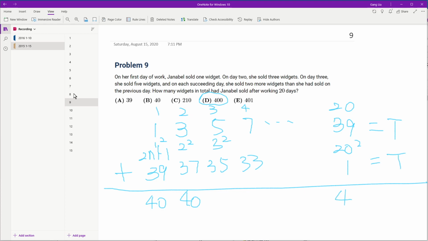So we have 20 times 40 adds up to 2t, and 20 multiplied by 40 equals 2t, and t equals 400.